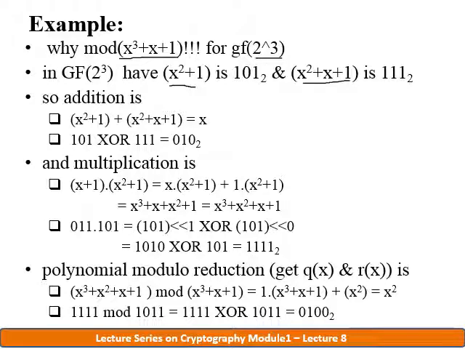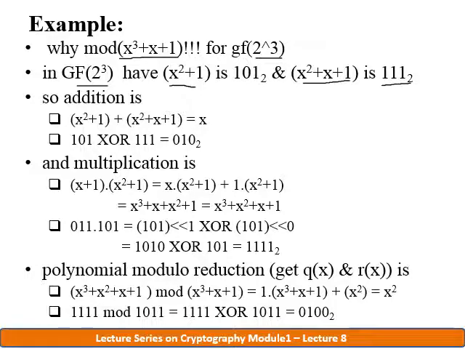X square plus 1 is 101 in binary, and x square plus x plus 1 is 111. So we perform the addition operation over these and find out what answer we get.